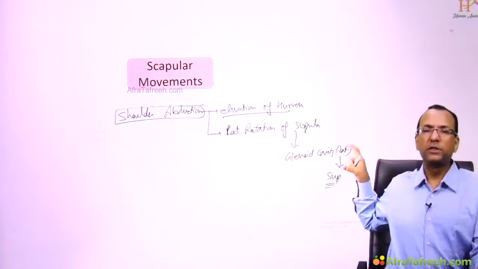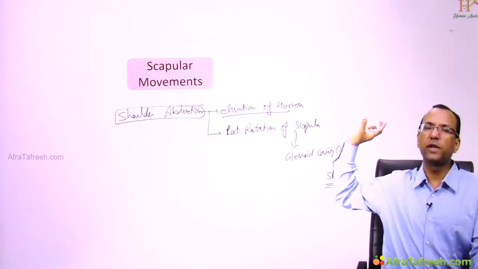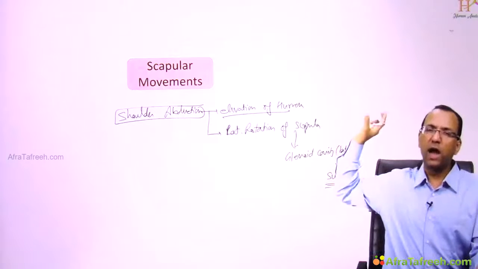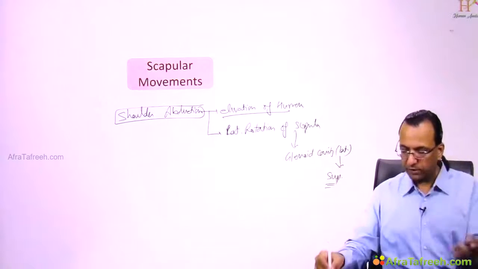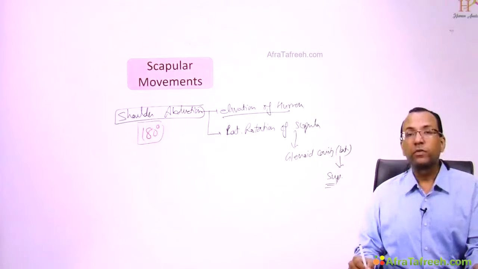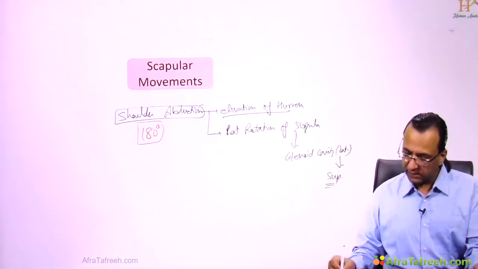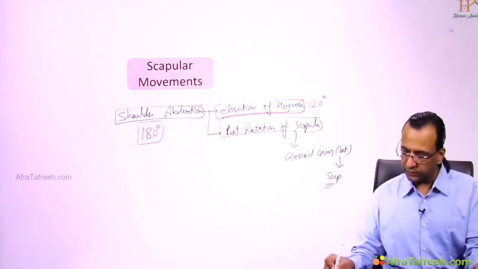So the scapula normally faces the glenoid cavity laterally, and when it is rotating, the glenoid cavity faces superiorly, so that the humerus can go still higher, into overhead abduction. Also remember, when you are doing 180 degrees of shoulder abduction, the ratio is that elevation of the humerus will be 120 degrees and the remaining 60 degrees will be the lateral rotation of the scapula.